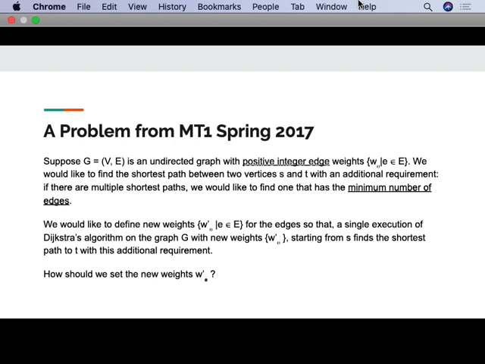If you can come up with an alpha such that for any path, the additional weights all summed together are not going to exceed 1, then you're guaranteed that this order is not going to be changed. So what is a reasonable number that you can think of that will result in adding up all these additional weights on the shortest path not exceeding 1?